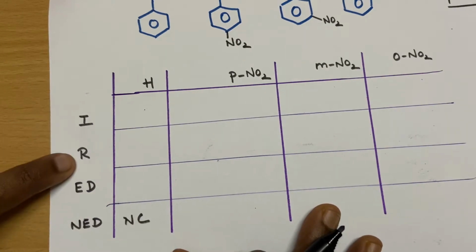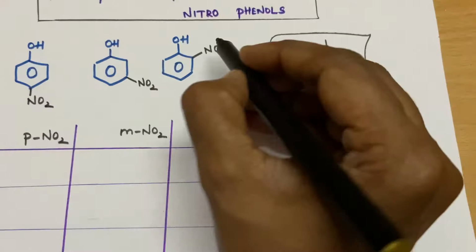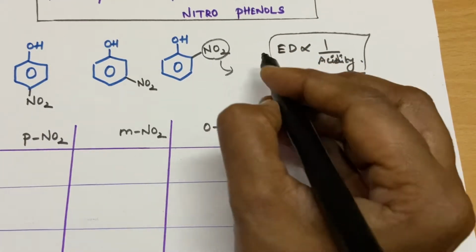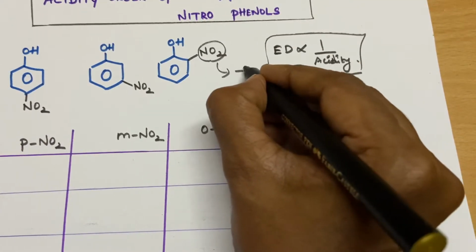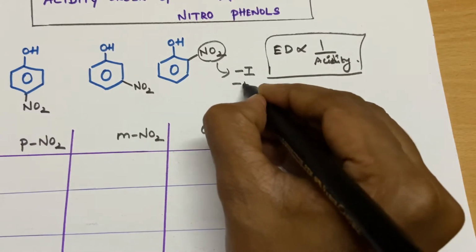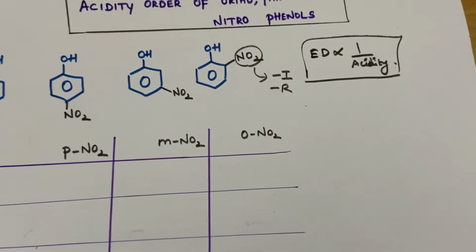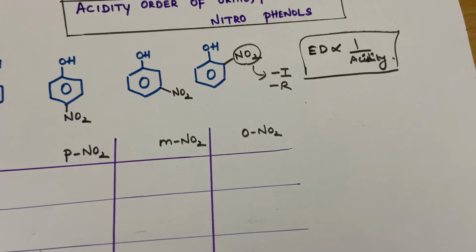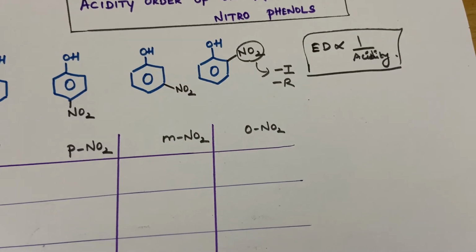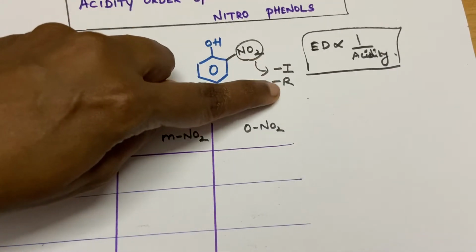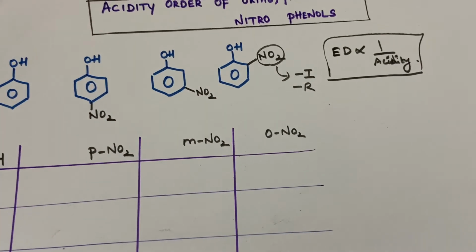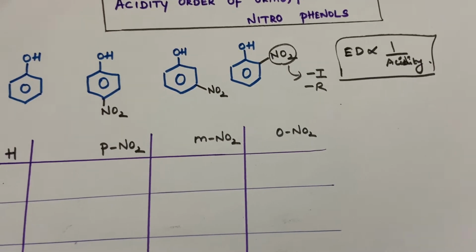ED is for electron density, this is the net electron density. I is for inductive effect and R for resonance effect, because your nitro group is going to show minus I and minus R. The trick to find out the inductive effect and the resonance effect I told you in a previous video. I will give you the link in the description box.